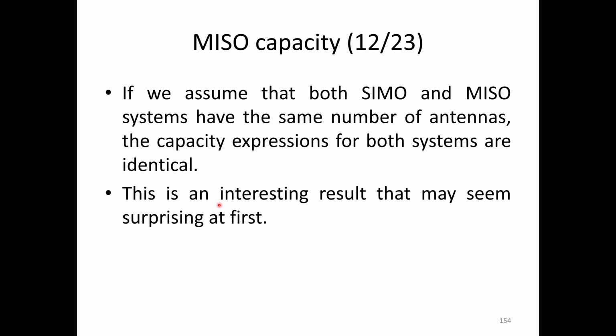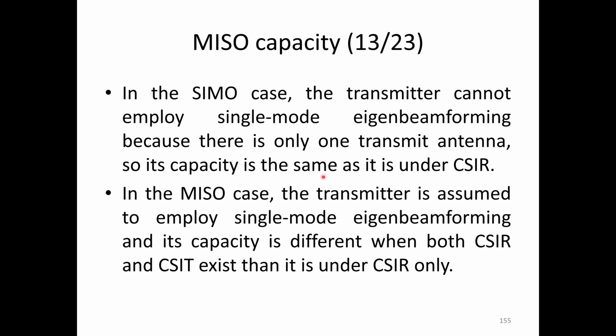This is an interesting result that may seem surprising at first. In the SIMO case, the transmitter cannot employ single-mode eigenbeamforming, because there is only one transmit antenna, so its capacity is the same as it is under CSIR.